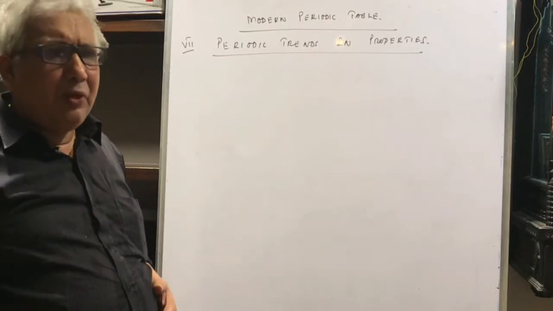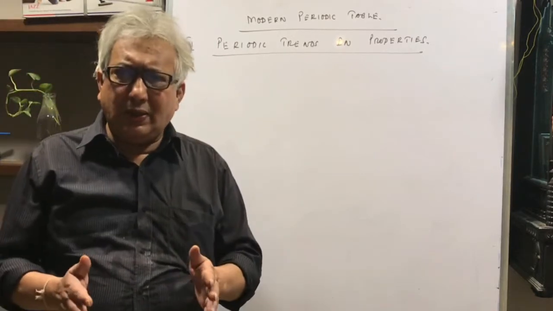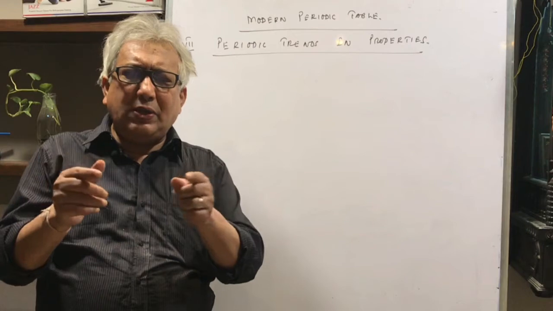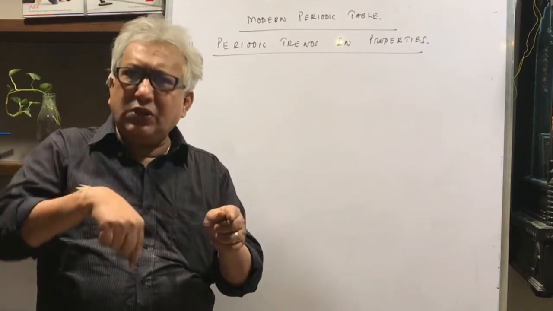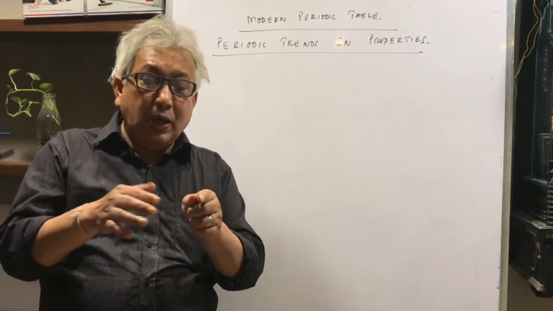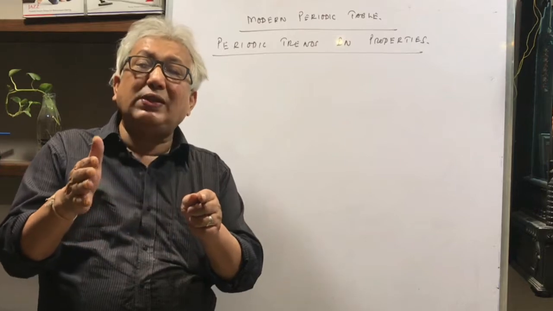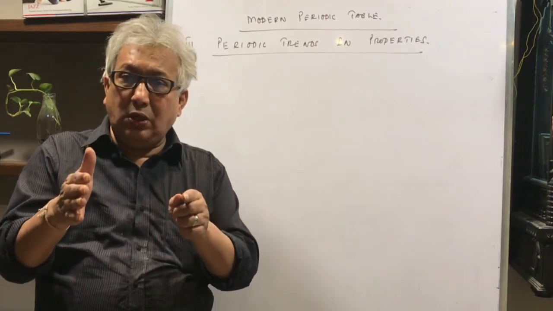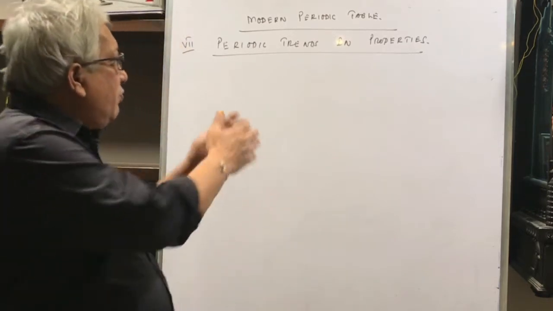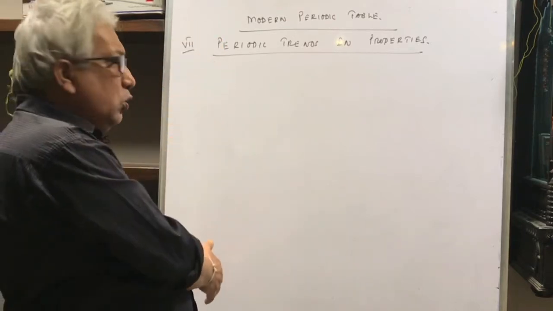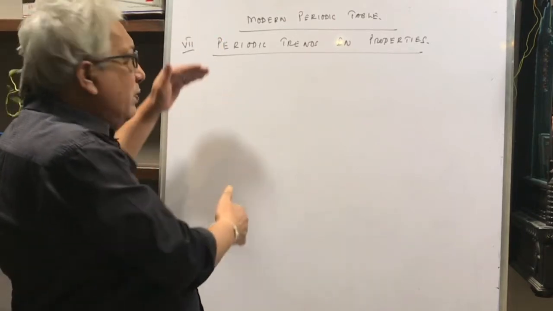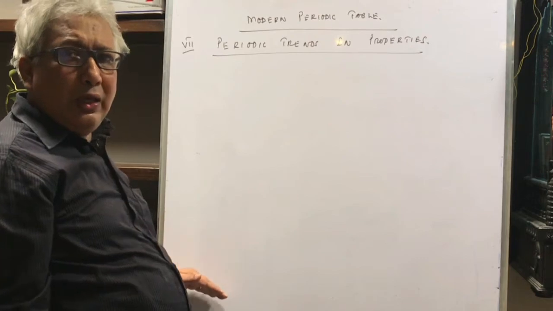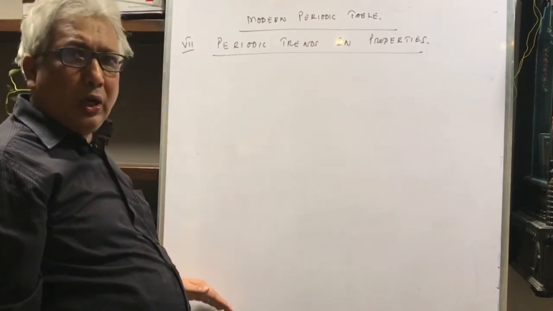Say for example, if you think of the atomic size, it will be the first point of discussion. Atomic size is the distance between the center of nucleus and the outermost electronic shell of an atom. So it is quite obvious, as I go down a group, the atomic size will go on increasing because the number of shells is going on increasing to accommodate more and more electrons.